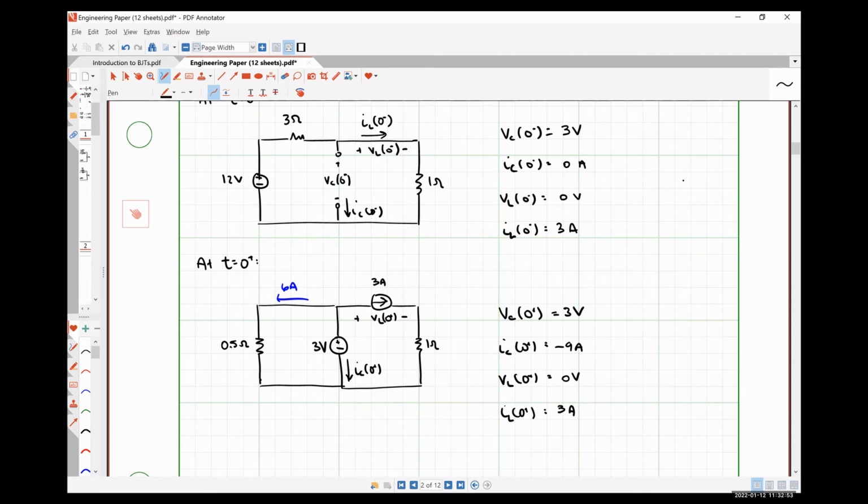Absolutely not. We're going to get literally the exact same values for alpha and omega naught if we had done different substitutions and gotten a second order equation in terms of the capacitor voltage. It has to be the same in both cases because this is a linear network.